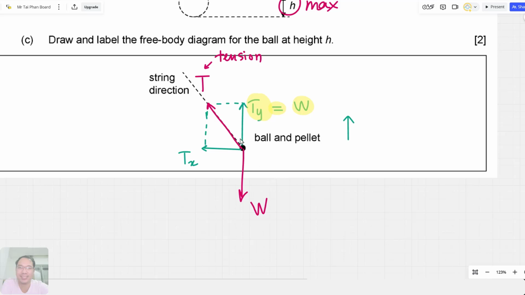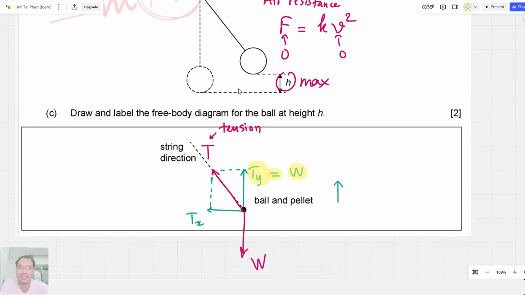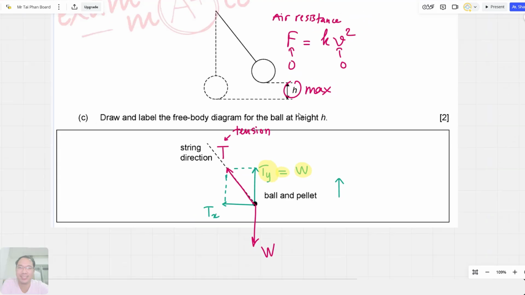Again, the force being zero is not the reason why an object does not move any further upward. It basically just converts all the kinetic energy into gravitational potential energy. No more kinetic energy, therefore it has reached the maximum height.